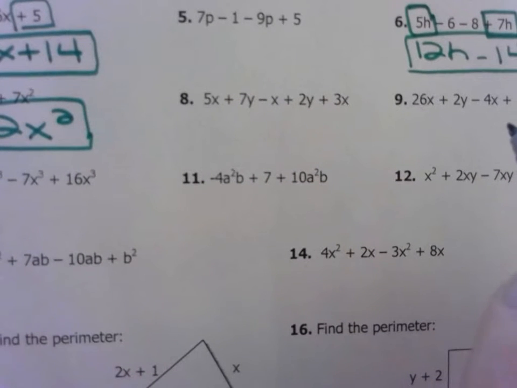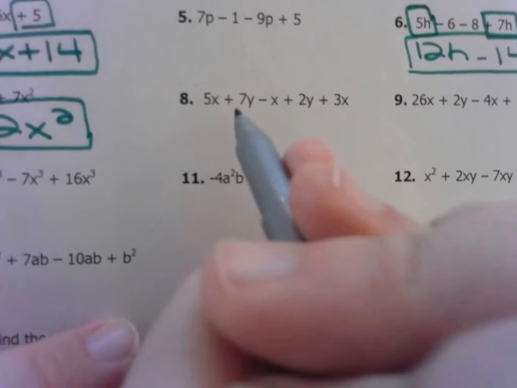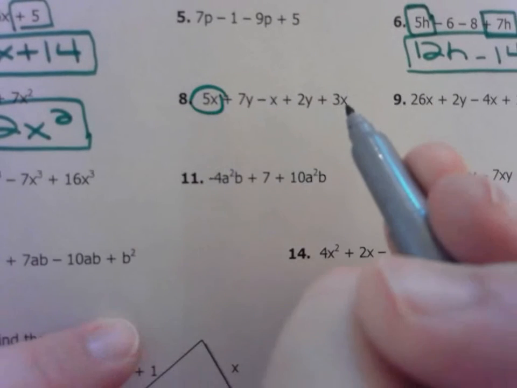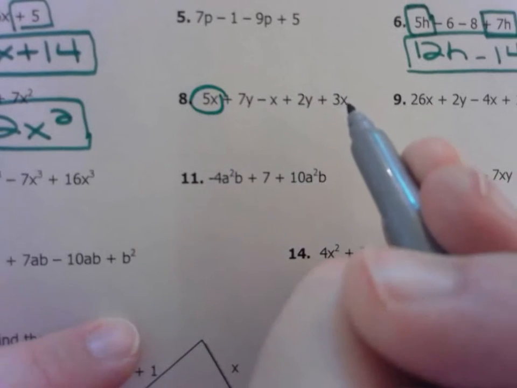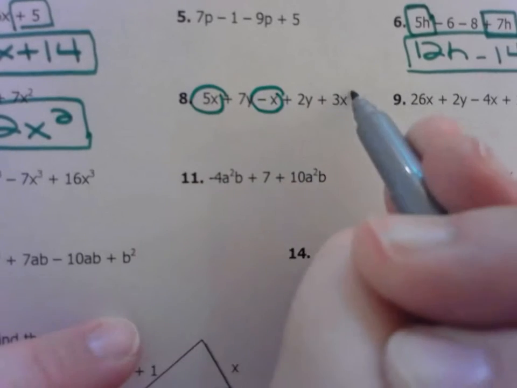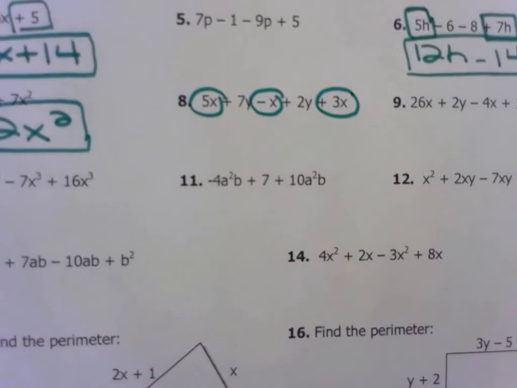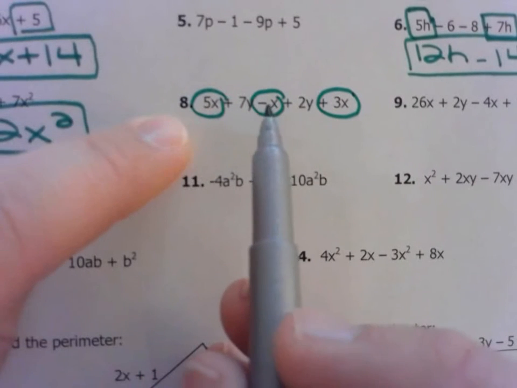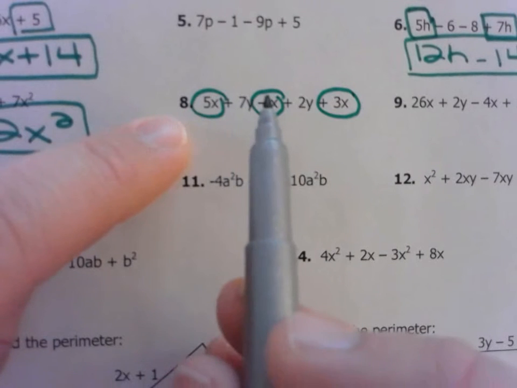What can I combine? What are my like terms for 8? 5x, negative x, and plus 3x. You take the sign in front. So go from left to right. What is 5? Now negative x is the same as what? 1. So what is 5 minus 1? 4.